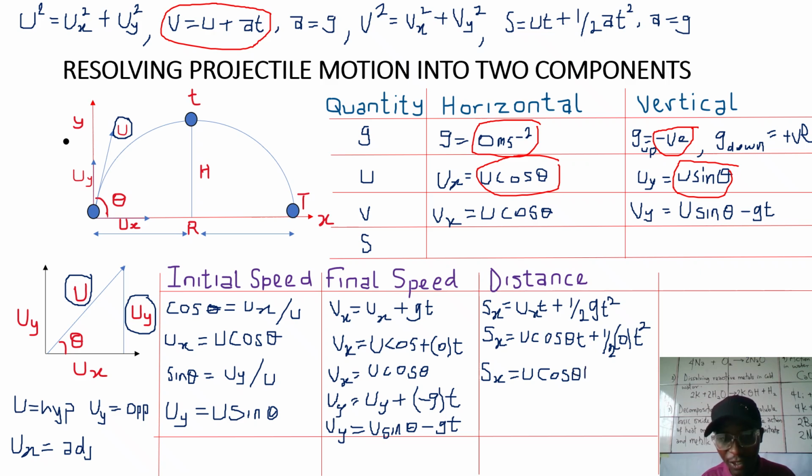And the final task for today's class is to get an expression for our vertical distance, which is Sy. But before we do that, let's put down the value here. Our Sx, which is the horizontal distance and is actually the same thing as the range, is equal to U cos theta t.